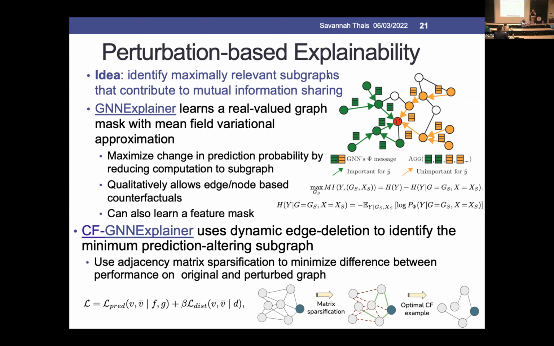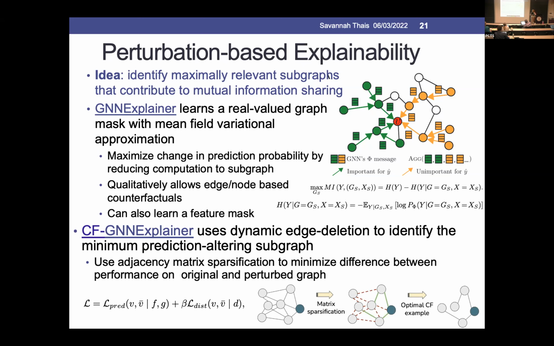So it tries to find the mask that maximizes the change. And you can use the same approach to learn a feature mask, which maybe relates to the heterogeneous GNN thing we were just talking about, where you can have a learned set of features for different nodes.